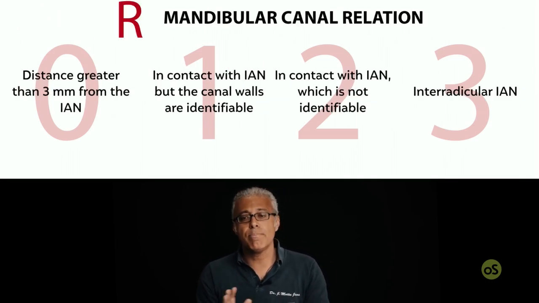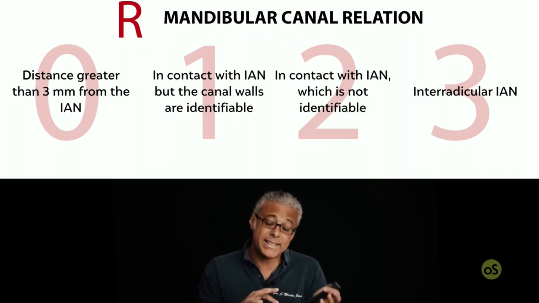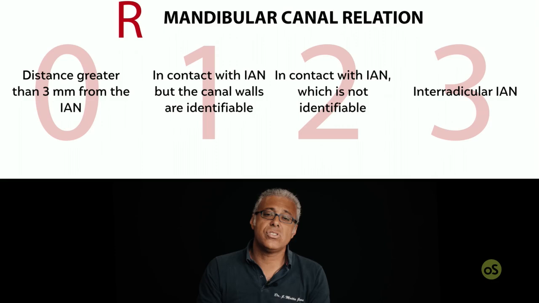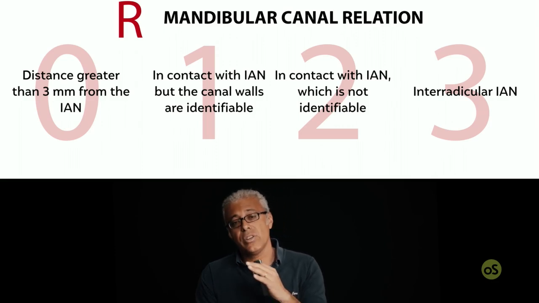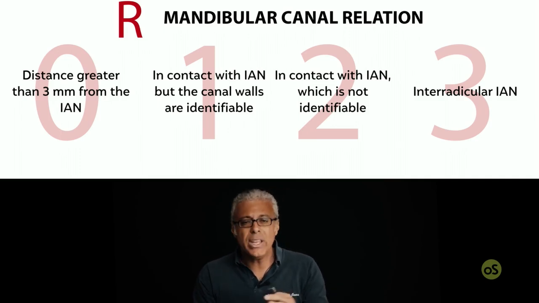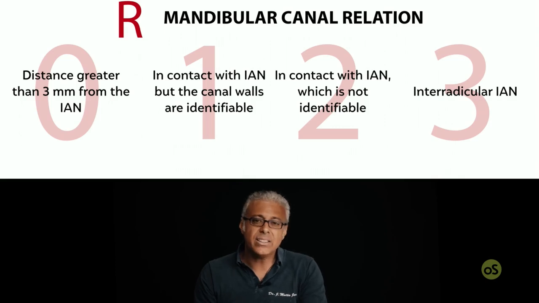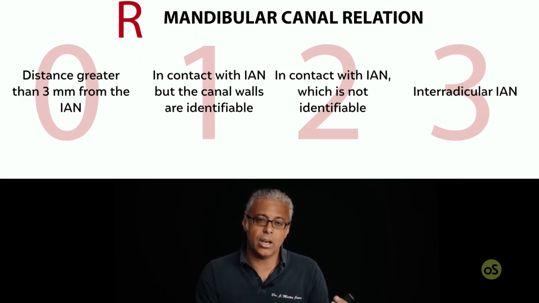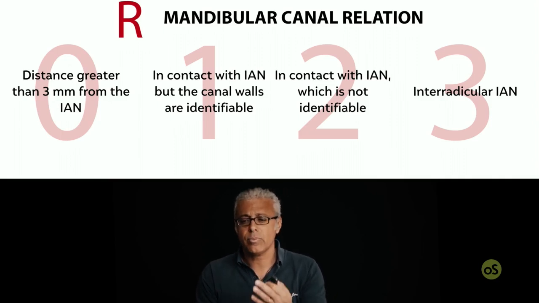Then we go a little bit more in detail and we look at the mandibular canal relation, and it's the R. And we have 0 if the distance between the nerve and the roots is greater than 3 millimeters. But we also know that in this kind of situation, we can't completely exclude that the patient can have a temporary problem of paresthesia.